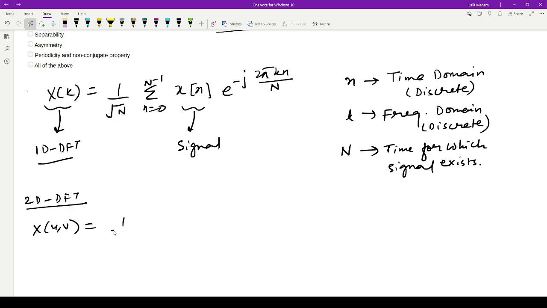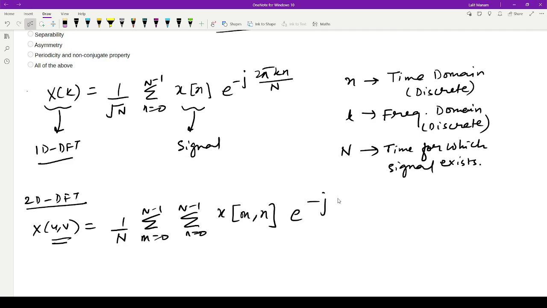I will just change the frequency variable notation so that we have more characters to use. m equals 0 to n minus 1. x should vary with small m and small n, e to the power minus j 2π (um plus vn) upon n.